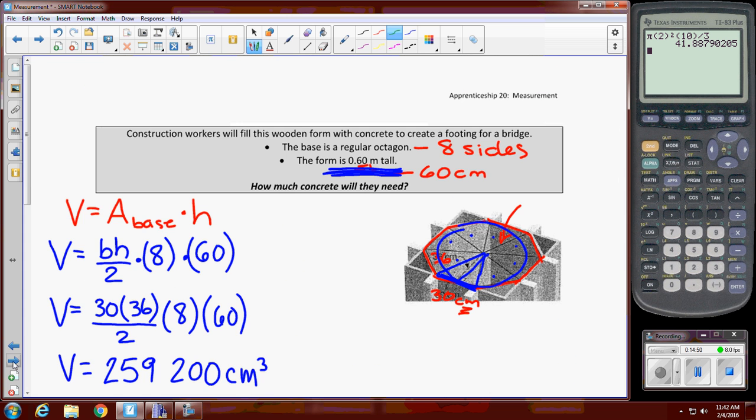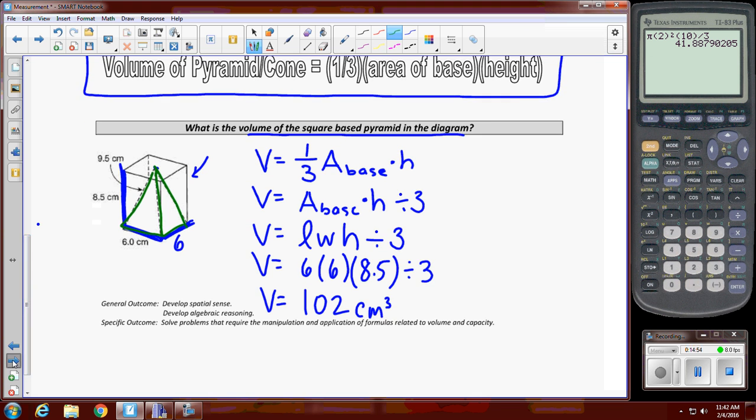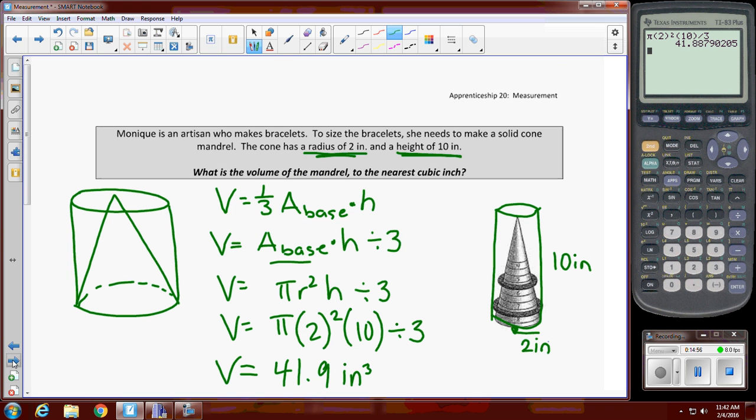But if we're putting inside a cone or a pyramid, as this question did, and the following question, there is a relationship between the cylinder that this cone fits in and the prism that that pyramid fits in. And the relationship, as you saw in those videos that you watched prior to this of the man filling up things with water, is exactly 1/3 the volume of the prism that it fits in.